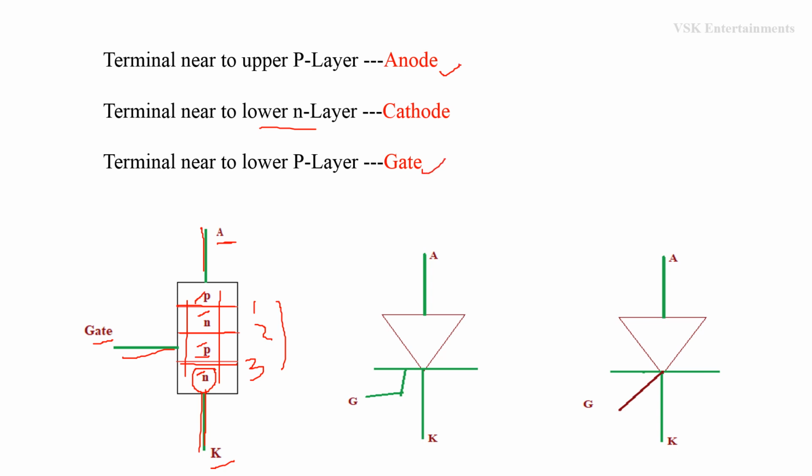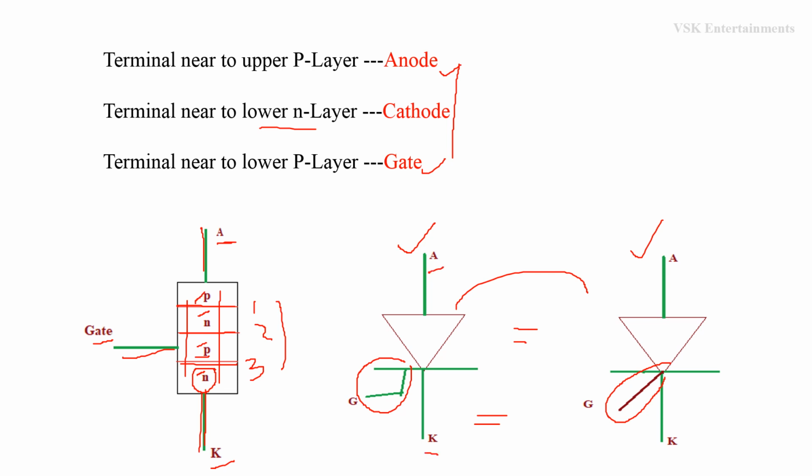So these are the three terminals of the SCR, and these two are the electrical symbols for the SCR. Both the symbols are correct. The difference between these two symbols is that here the gate terminal is connected like this, and in this the gate terminal is connected like this. The electrical symbol for the SCR is the same as the PN junction diode, but the PN junction diode has only an anode and a cathode. The SCR has an extra terminal, the gate, along with the anode and cathode.